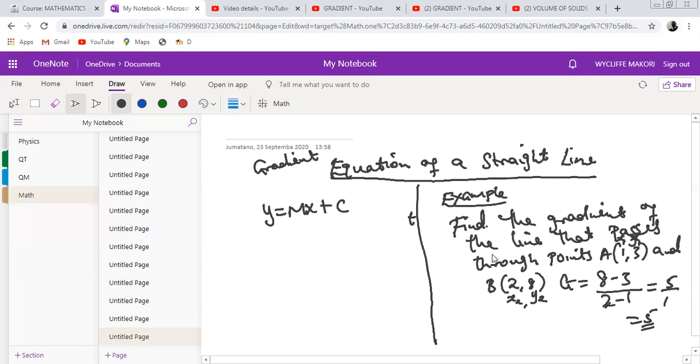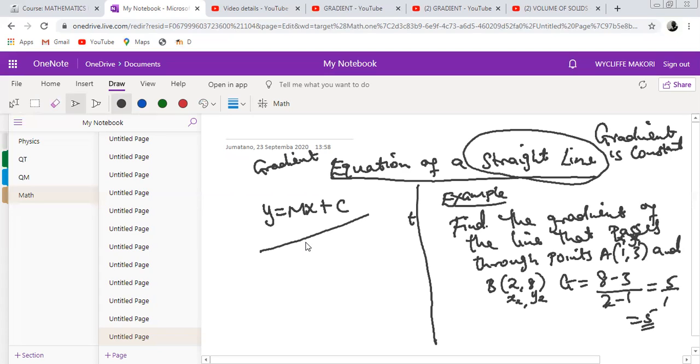And note, I want to repeat here, anytime we are referring to straight lines, gradient is constant throughout that line. So if you have your line like this, the gradient at this point is the same as the gradient at that point, because this line is actually straight.